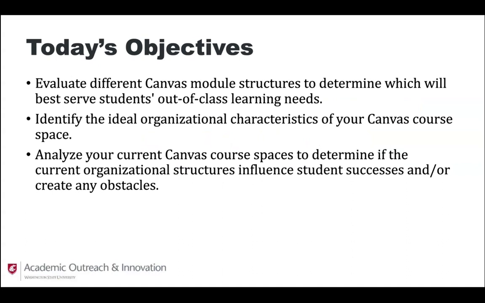We are hoping to identify the ideal organizational characteristics of your Canvas course space. And we're hoping to analyze your current Canvas course spaces to determine if the current organizational structures influence student successes and or create any obstacles. So the idea is that you can take the material covered in this training and start to apply it to your own Canvas course spaces.